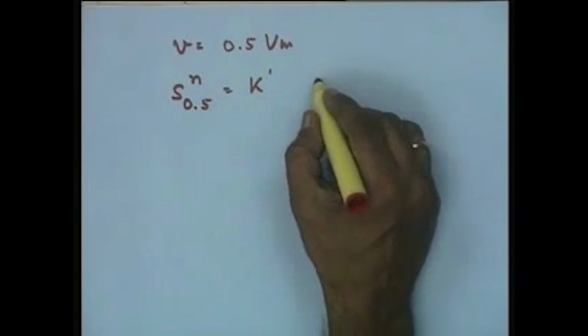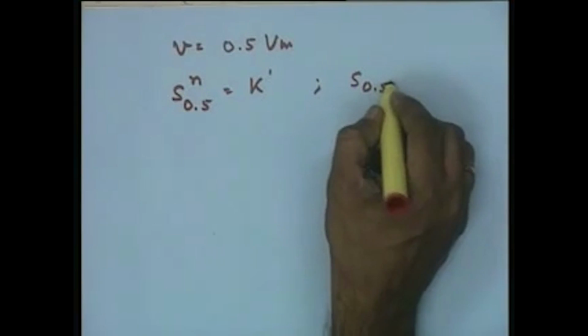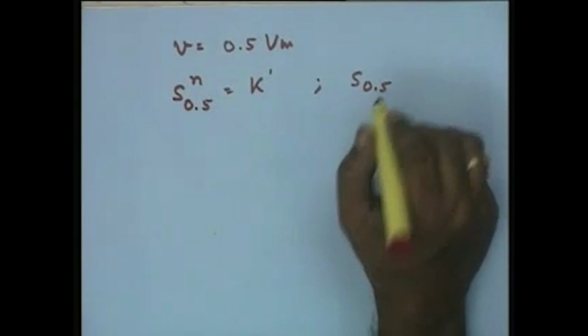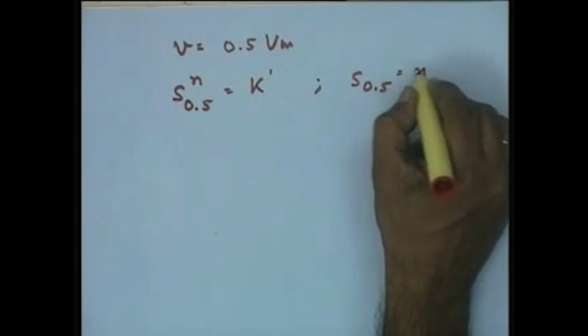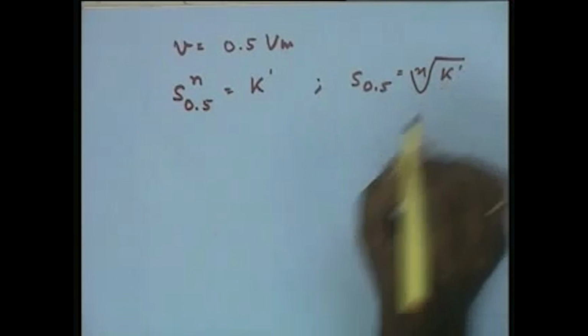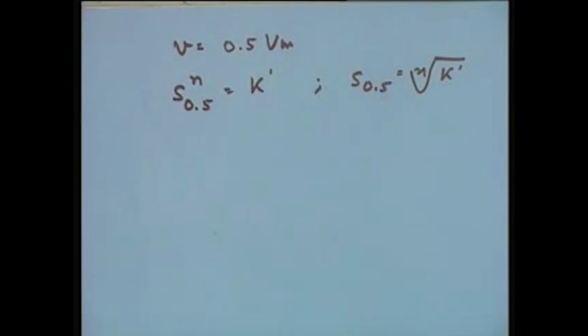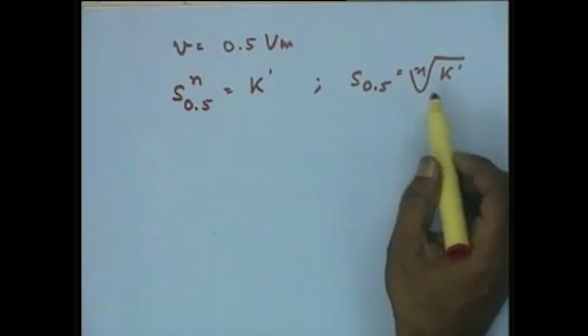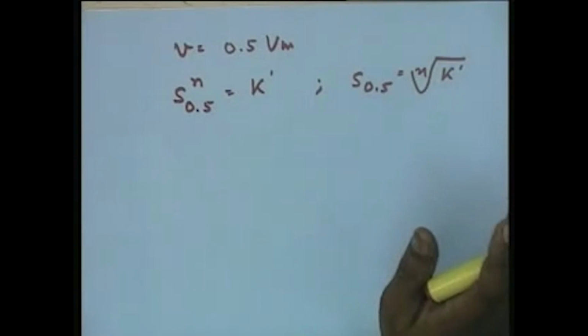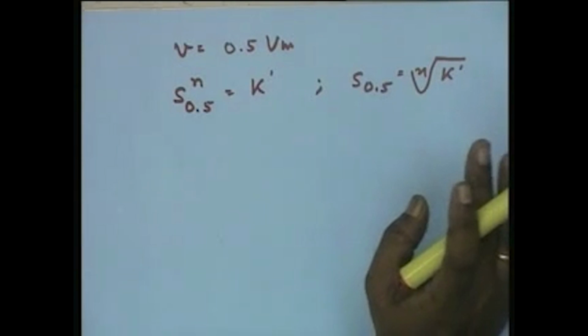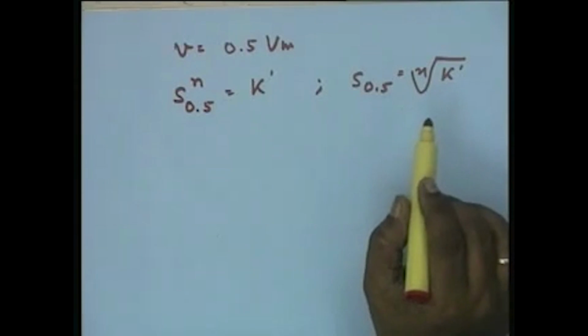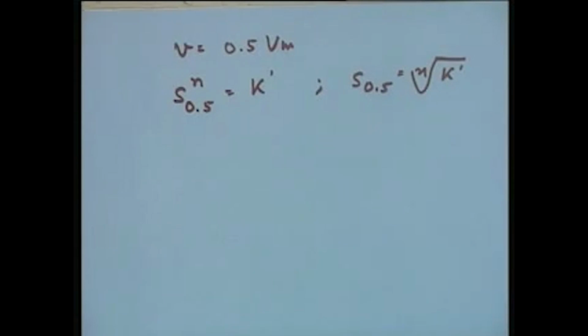Or your S0.5, the substrate concentration for 50% of the maximum reaction velocity, is the nth root of K dash, and there it was half of the maximum reaction velocity. So I think that brings in a distinction between the two parameters that we are talking about.